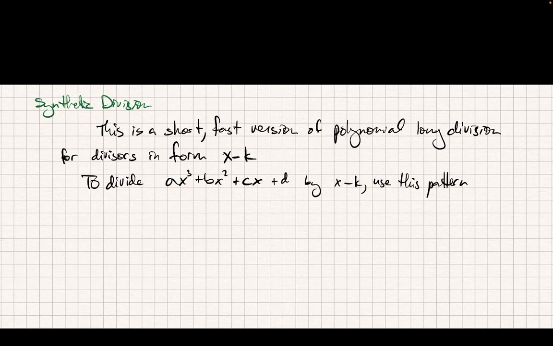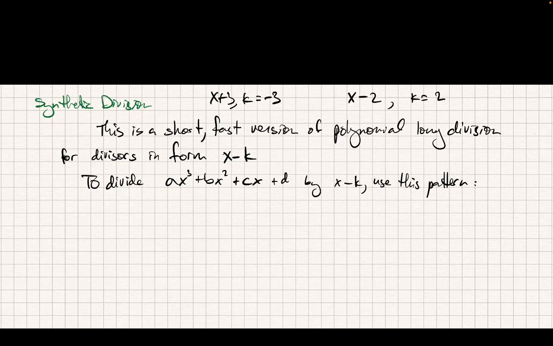It has to be minus k. So, if you had x minus 2, what would k be equal to? 2. If you had x plus 3, what would k be equal to? Negative 3. Right.